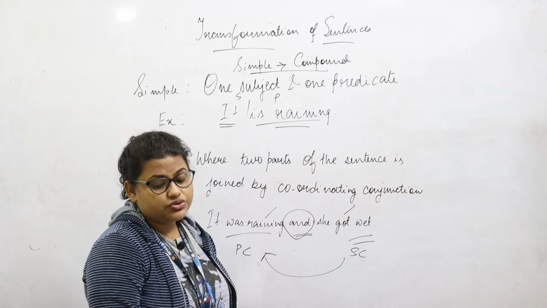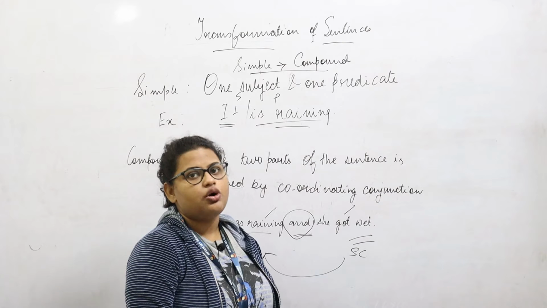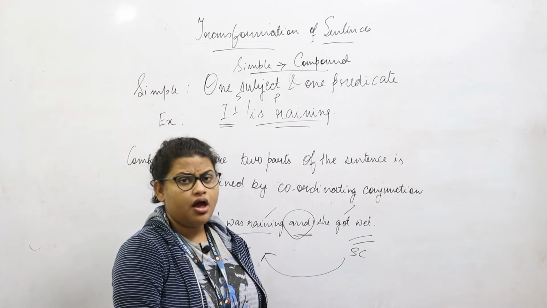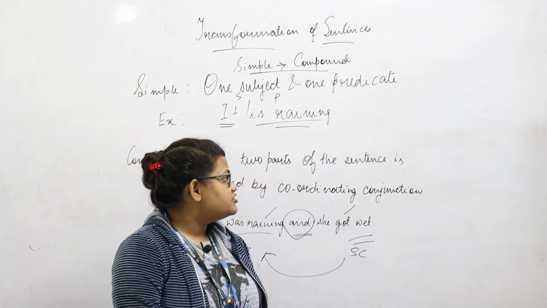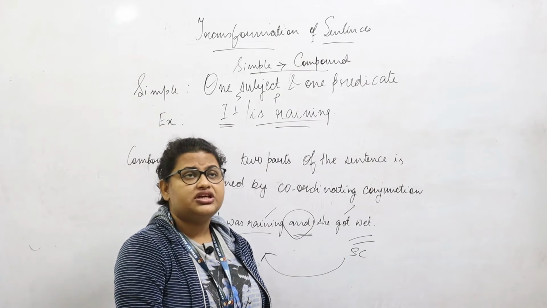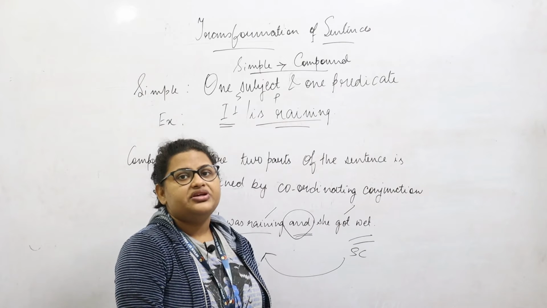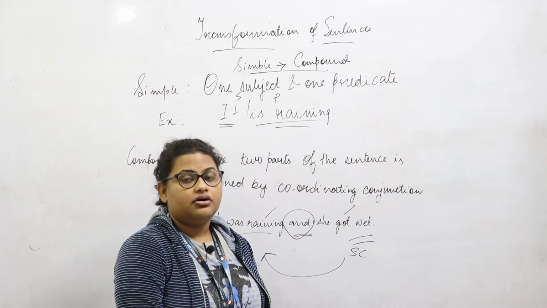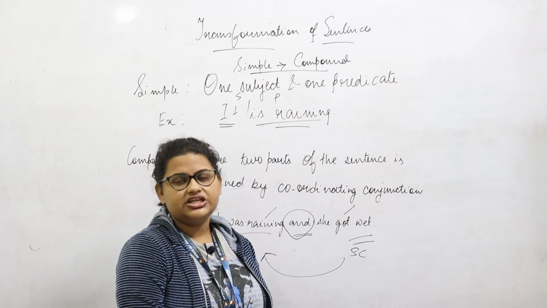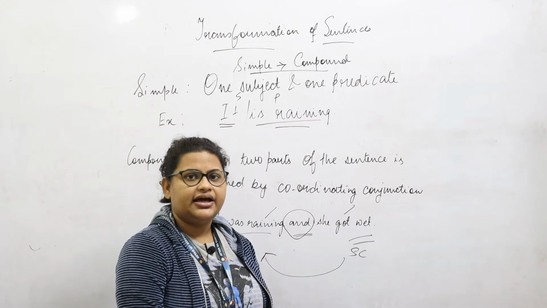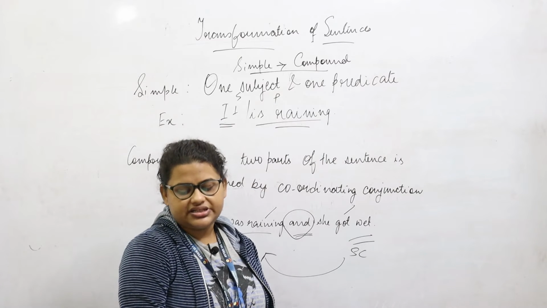What we have to do is make the best utility of our constructions, like using participles. We can use gerunds, or we can use punctuation marks properly, in order to keep a sentence as a simple sentence.